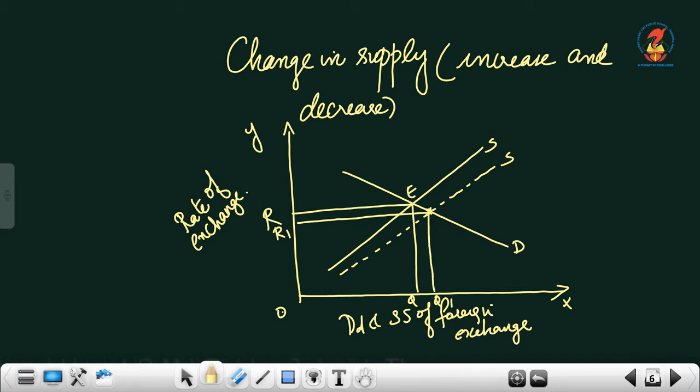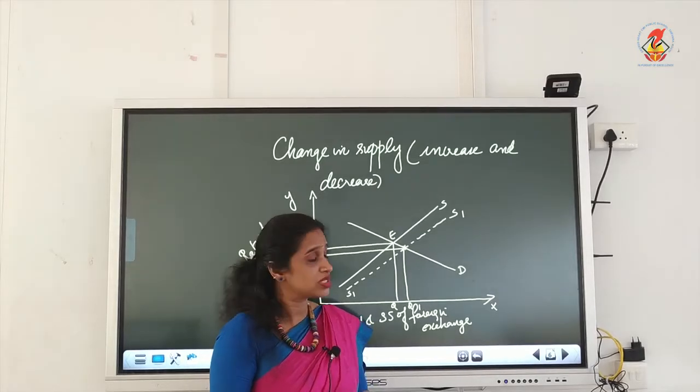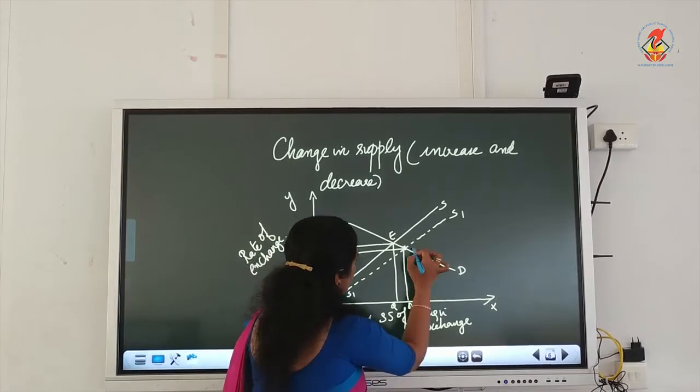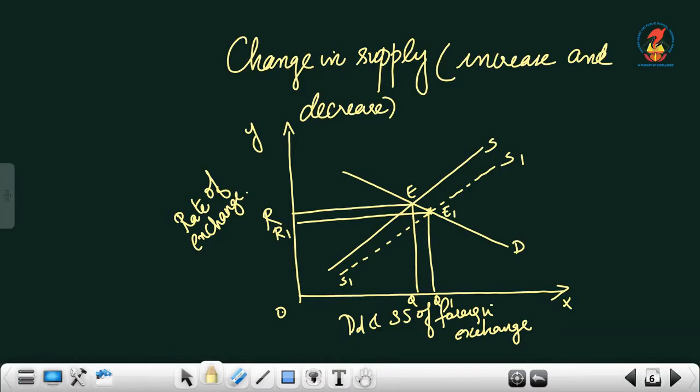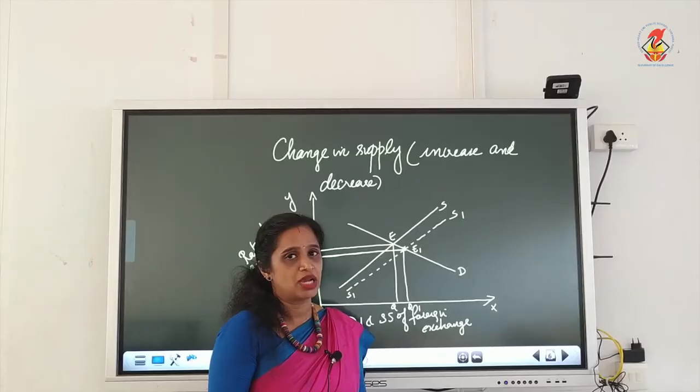The supply curve has shifted to the right. The old supply curve is SS. The new supply curve is S1, S1. There the equilibrium point is E1 and the equilibrium rate of exchange is OR1. That means it has come down.